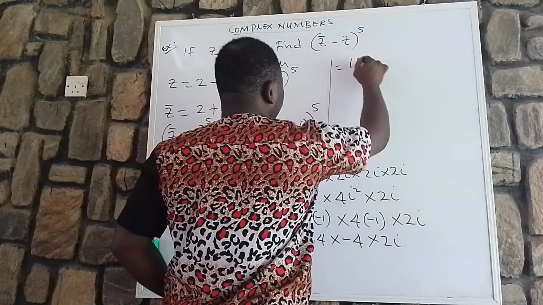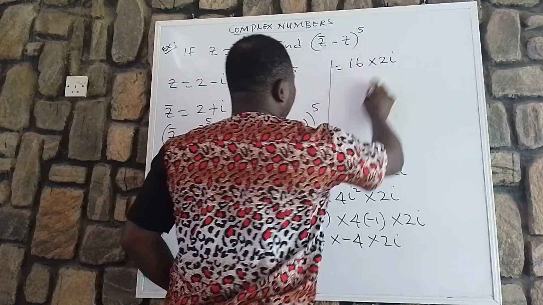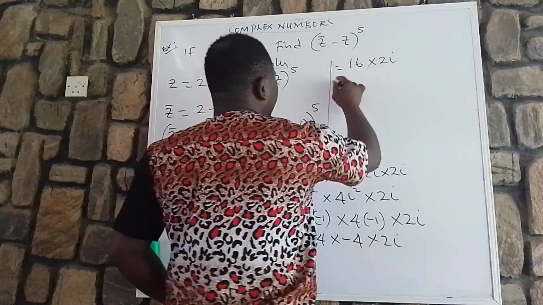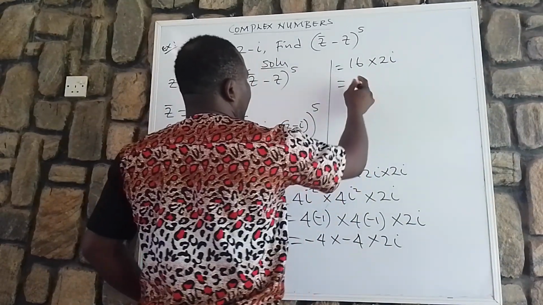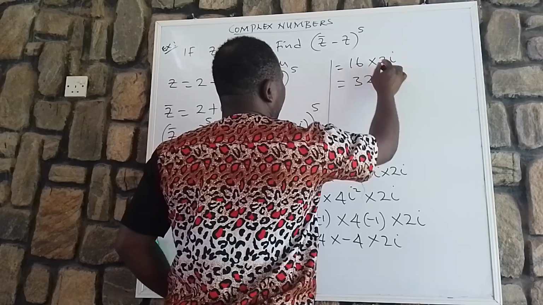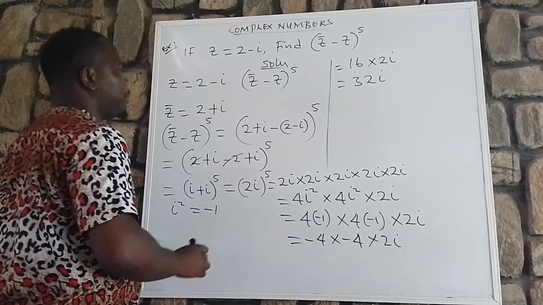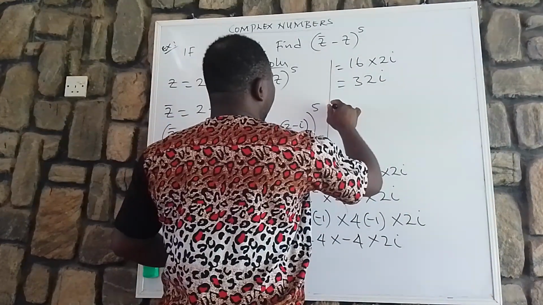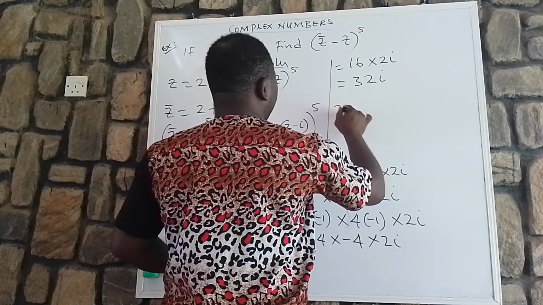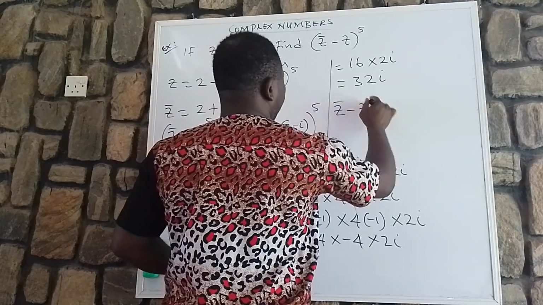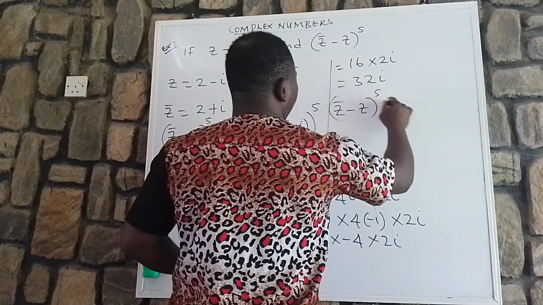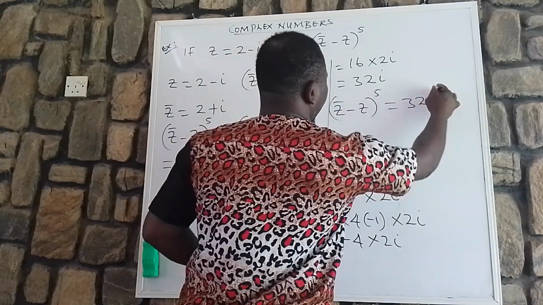This is equals to 16 times 2i. Then 16 times 2i is going to give us 32i. So therefore, (z conjugate minus z) raised to the power of 5 is equals to 32i.